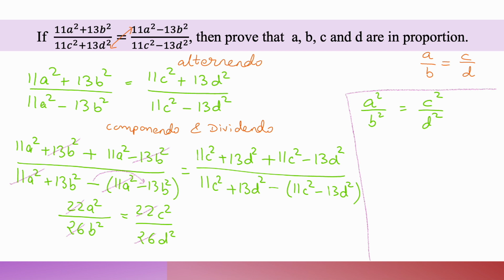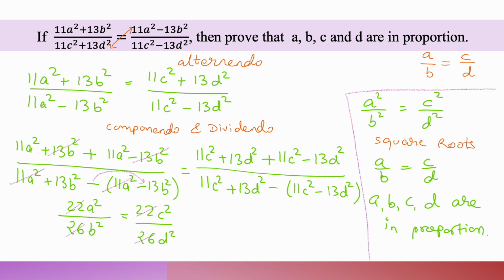Now this is just one step away from our required proof. So taking square roots on both the sides, we get a upon b is equal to c upon d, or we can say that a, b, c and d are in proportion.